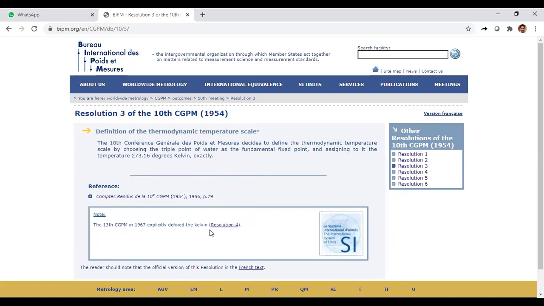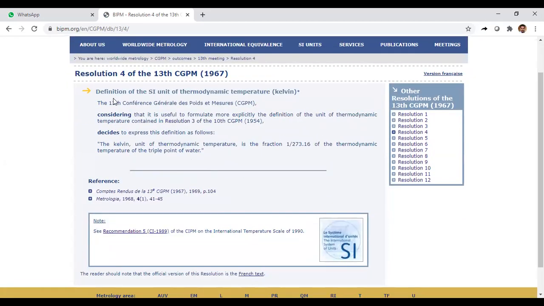The 13th CGPM defined the Kelvin. The Kelvin, unit of thermodynamic temperature, is the fraction 1 by 273.16 of the thermodynamic temperature of the triple point of water, which is 0.01 degree centigrade.